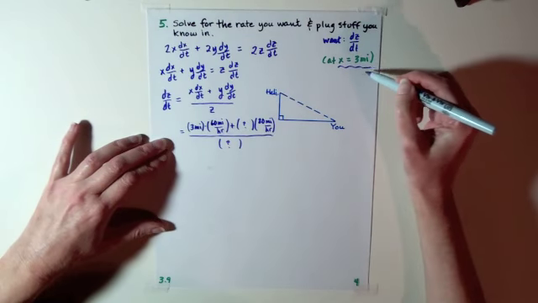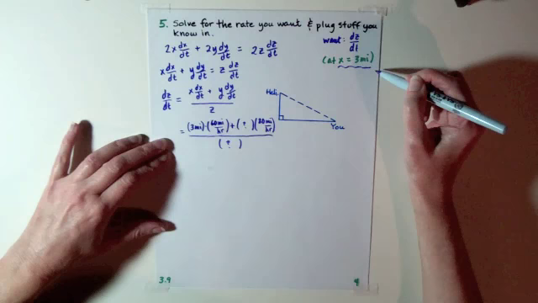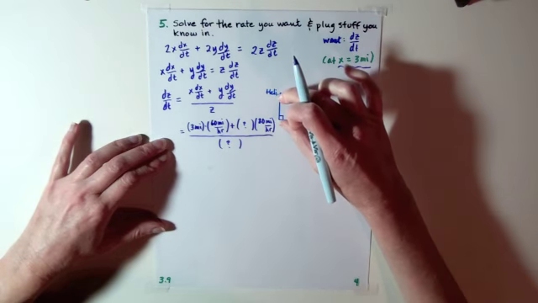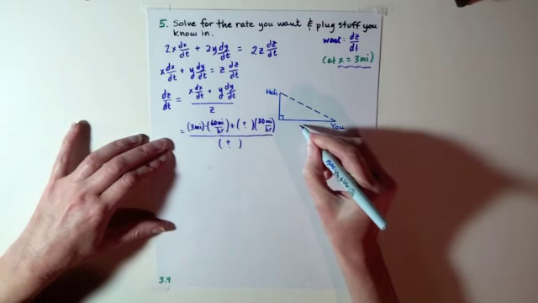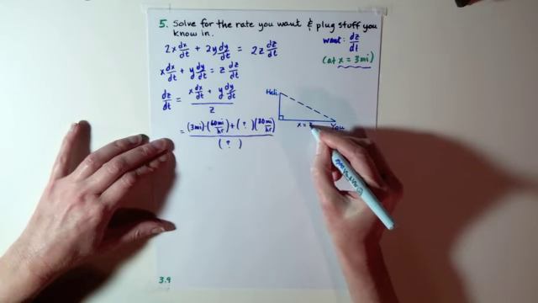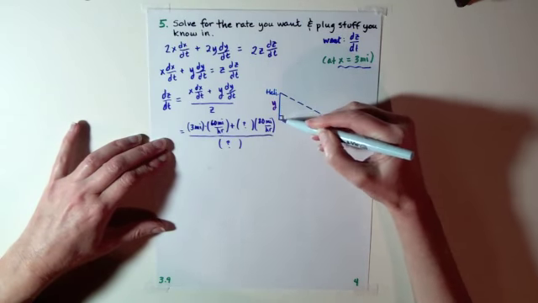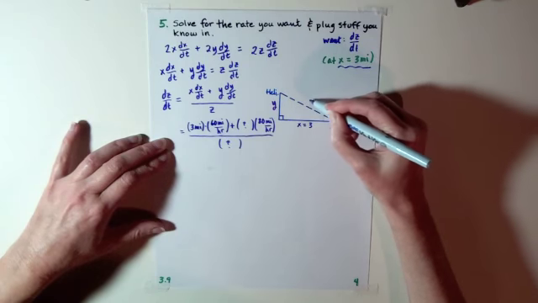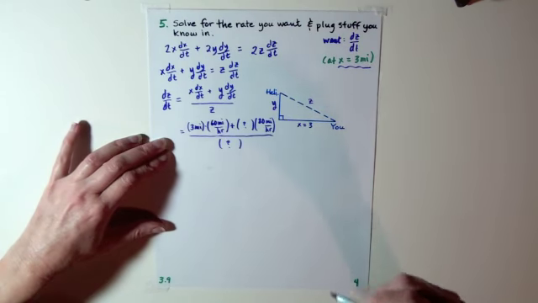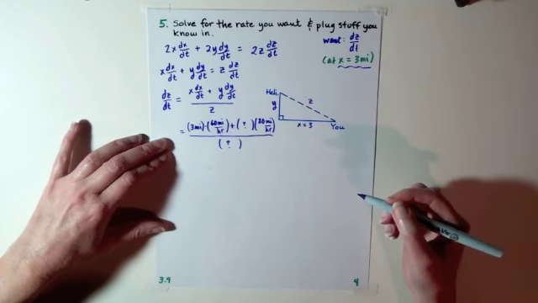So if I know that we want it at the moment that x is 3, that's going to determine what y is and what z is. So here's x, that's equal to 3 miles. y we don't know, but we want y at that same instant in time, and z we don't know, but we want z at that same instant in time.